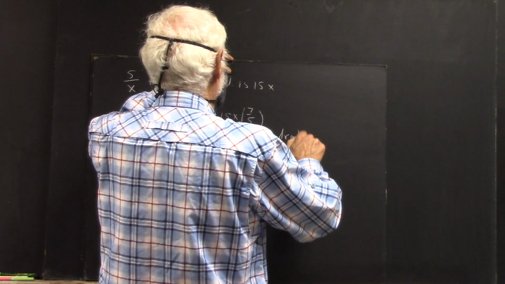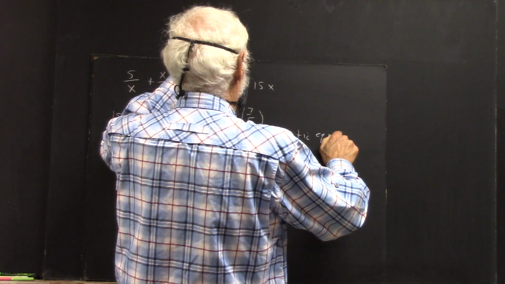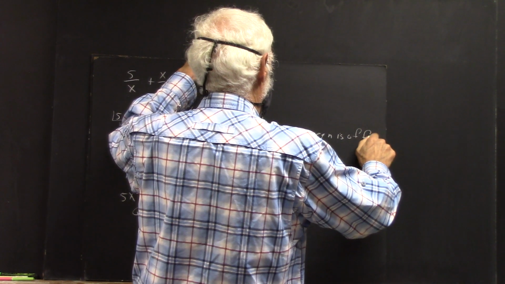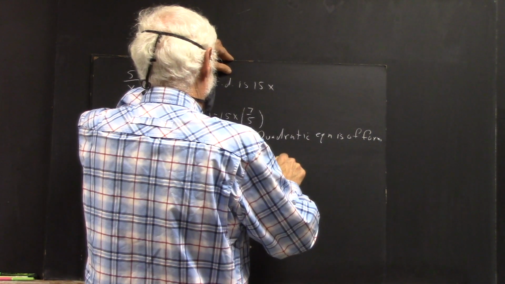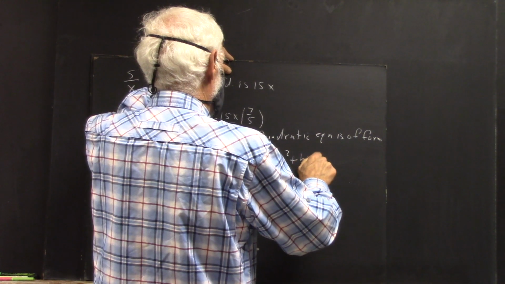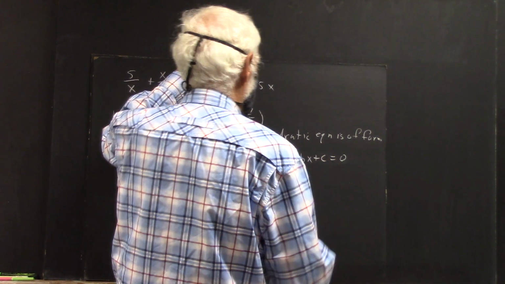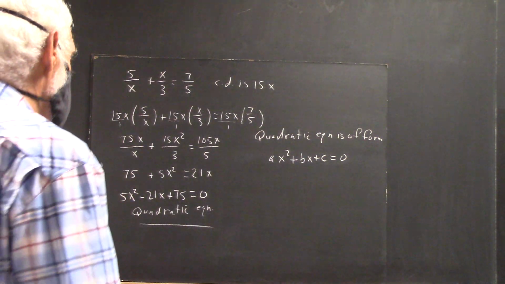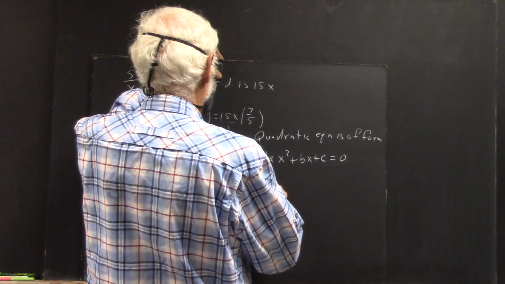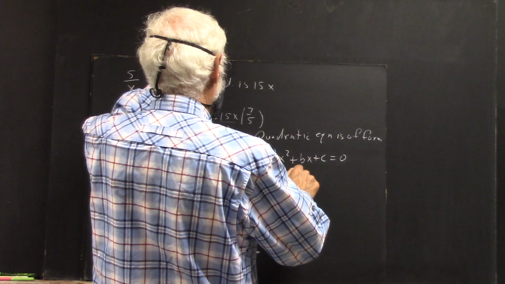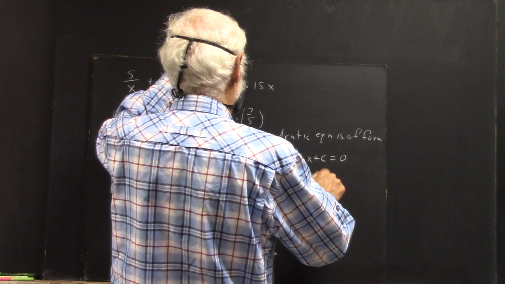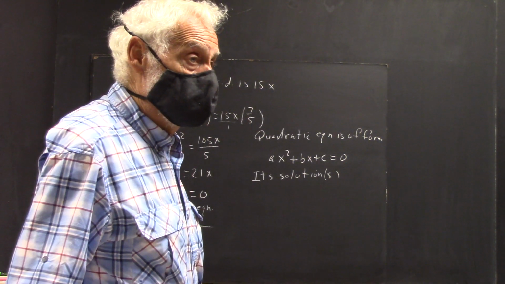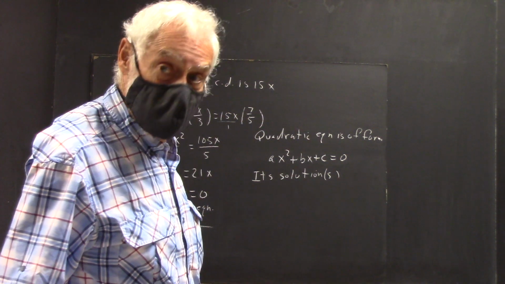Okay, so the quadratic equation is of the form ax squared plus bx plus c equals 0. Its solutions, with an S, because it usually has two solutions, but sometimes it doesn't have any. Okay?